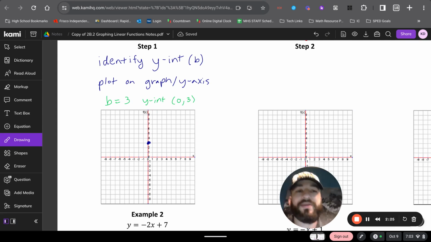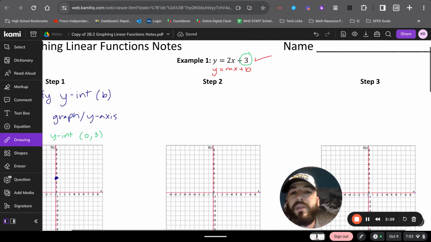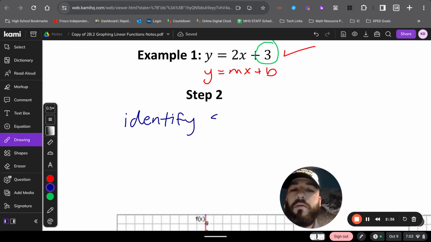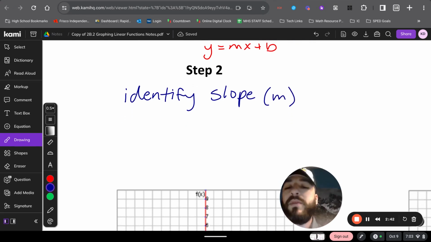Plot that y-intercept. Second step is to identify our slope, which, of course, in our slope-intercept equation, slope is our m value.